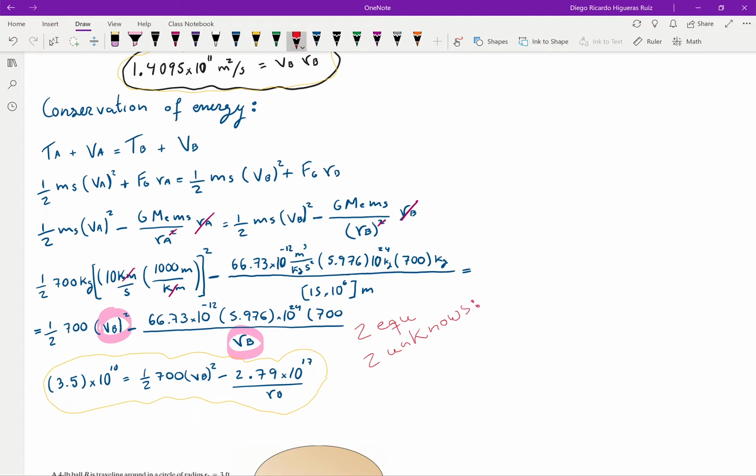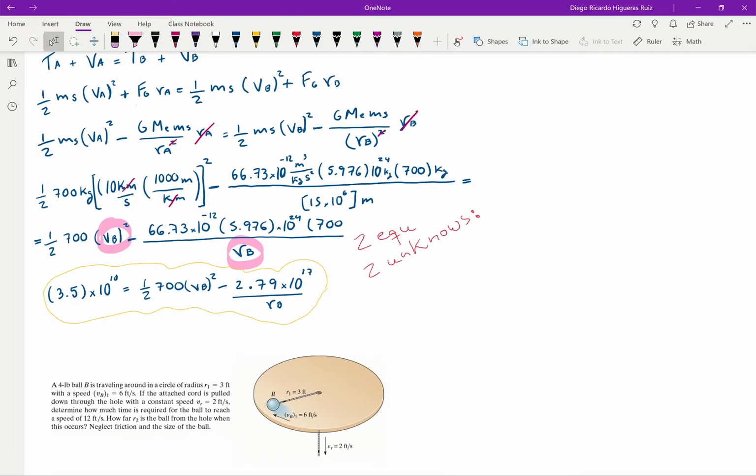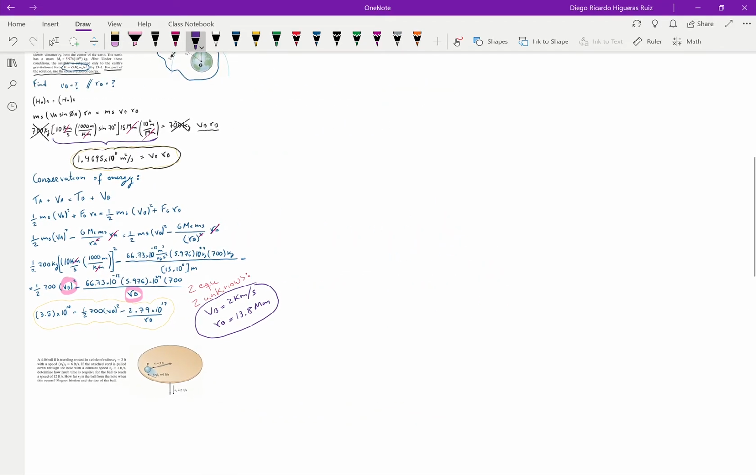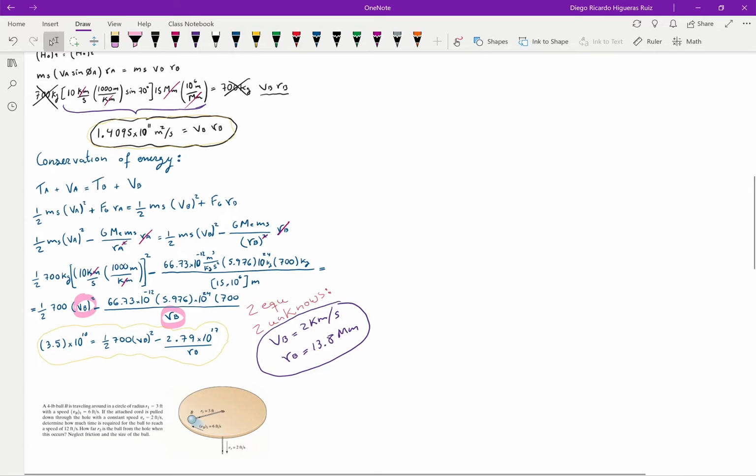We can go ahead and solve for VB, which is 2 kilometers per second, and RB, which is 13.8 megameters. There we go. Alright, second problem is done.